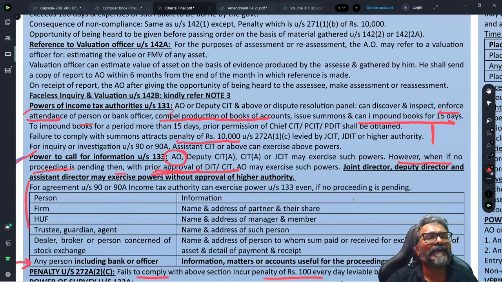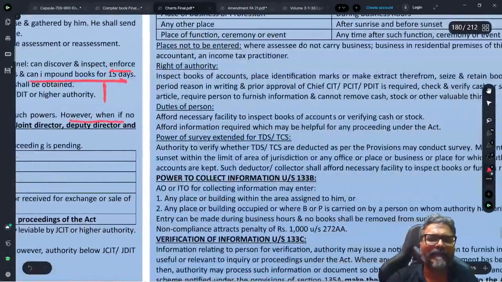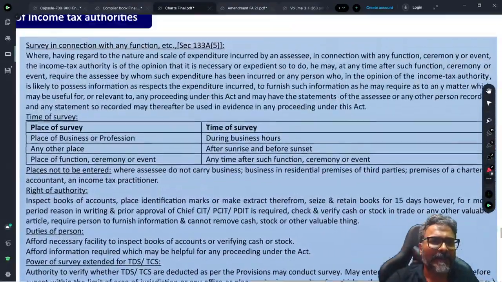But apart from this, one of the more important grounds for the search is that the SSE has been given a notice of 131, and that notice of 131 has been overlooked by the SSE. So he has not done the compliance. And if you don't do the compliance, be ready for the search then.